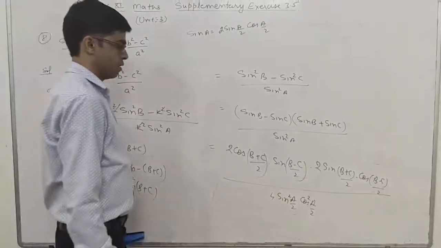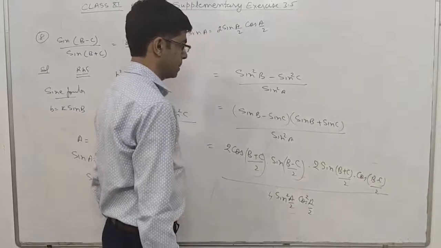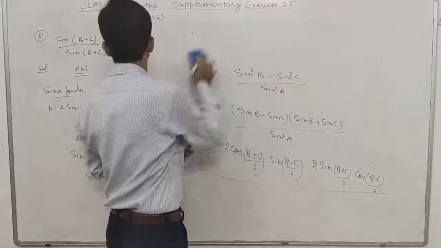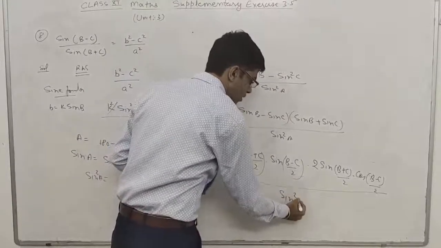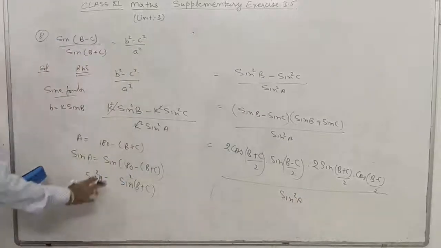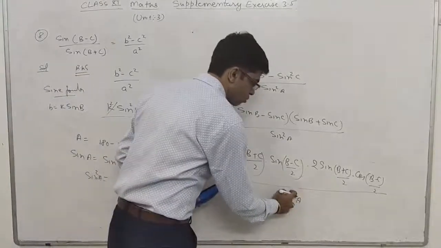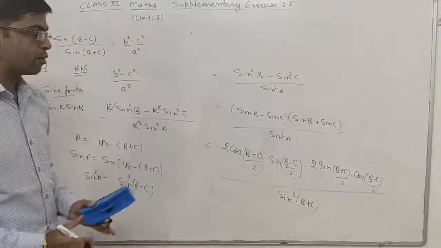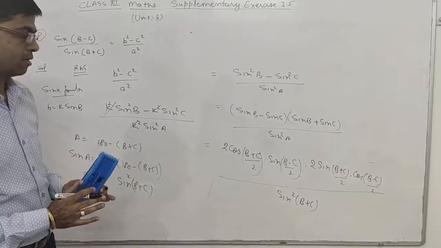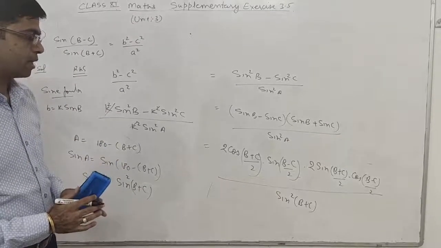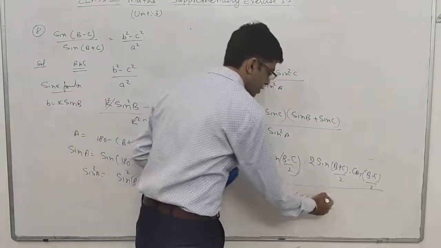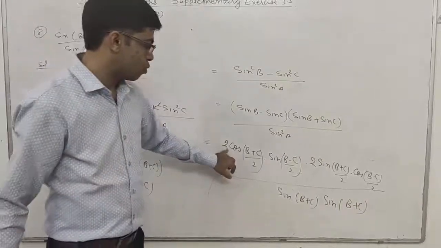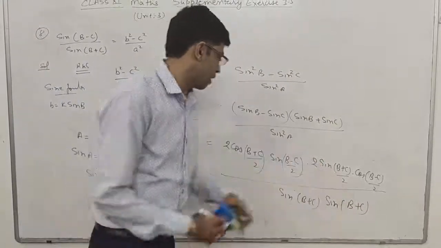It is better to make it sine square A. Simply, sine square A is sine square b plus c. There are so many formulas, so we have to search which formula will be best. So sine square b plus c means sine b plus c multiplied by sine b plus c. Now apply the formula in the numerator, 2 cos A sine A.